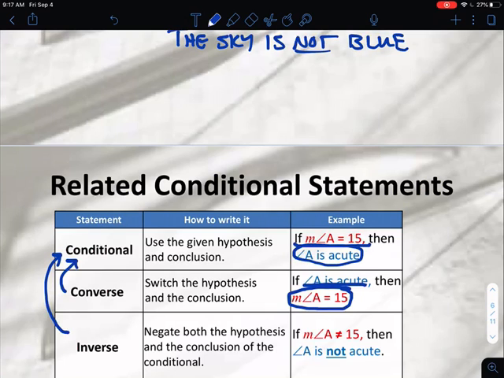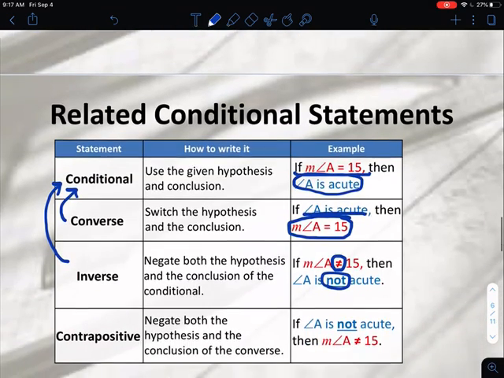So our original statement was if the measure of angle A is equal to 15, then angle A is acute. Down here in the inverse, they say if the measure of angle A is not equal to 15, and that's a new symbol for some of you, an equal sign with a slash through it means not equal to. So if the measure of angle A is not equal to 15, then angle A is not acute. We just took the original statement and put the word not into both parts of the statement.